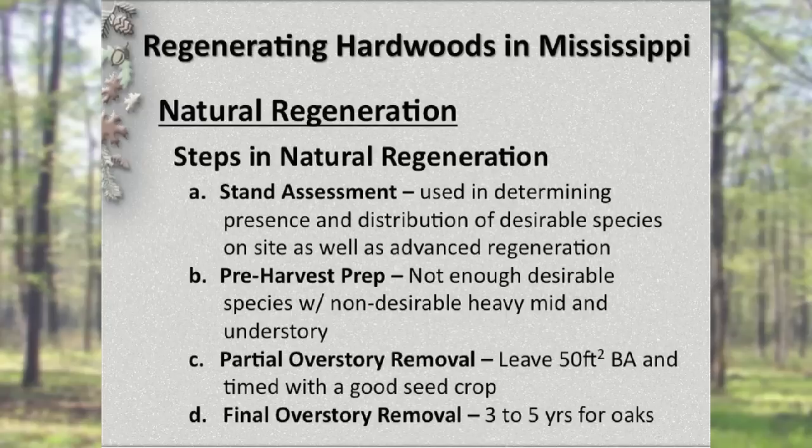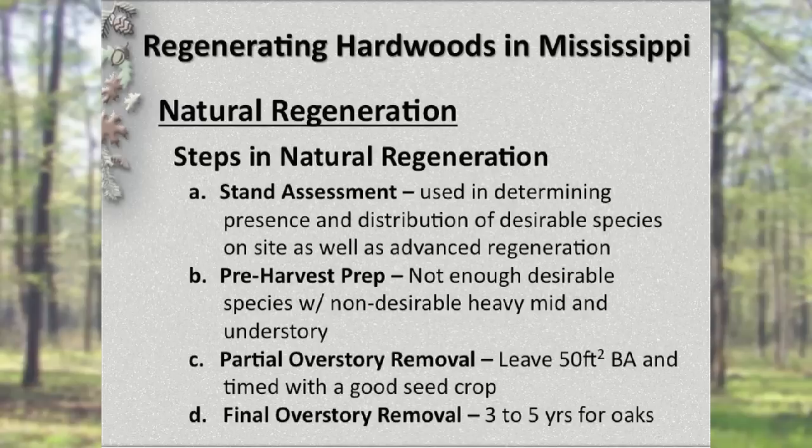Pre-harvest preparation, if there are not enough desirable species, then we're going to have to go in and actually do some cutting. And we'll remove the non-desirable species in the heavy, mid, and understory. Then we'll look at a partial overstory removal if we have to, and we're going to leave about 50 square feet of basal area, and we're going to have to time this with a good seed crop.